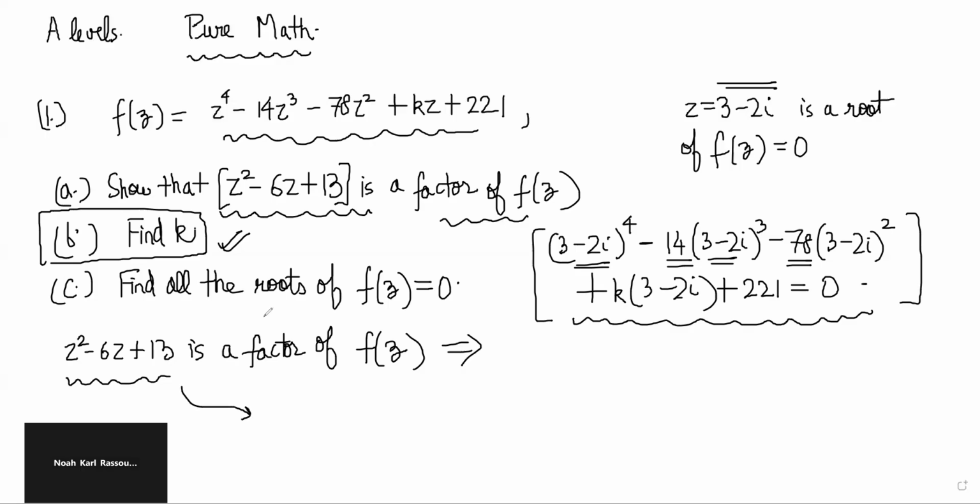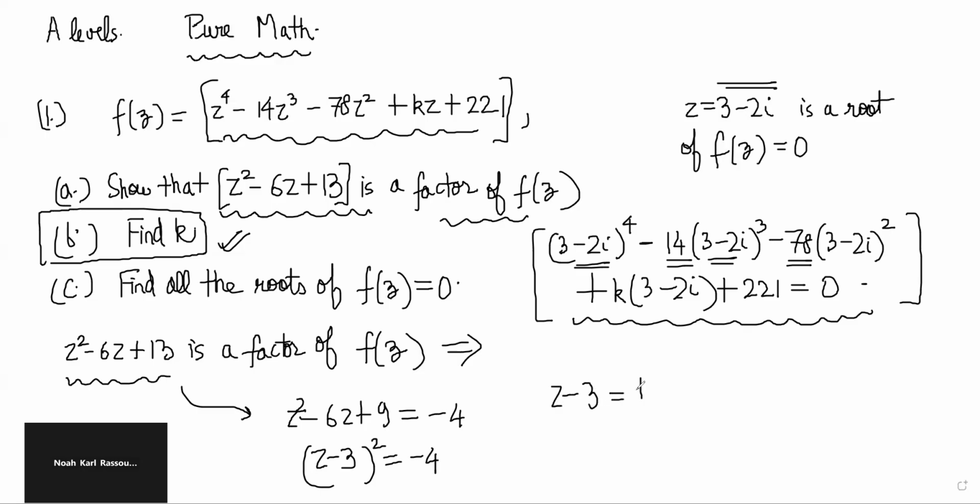What are the values of z that will be roots of this equation? So we'd have to use quadratic formula. So it would be 6, yeah, 3 plus minus 2i.